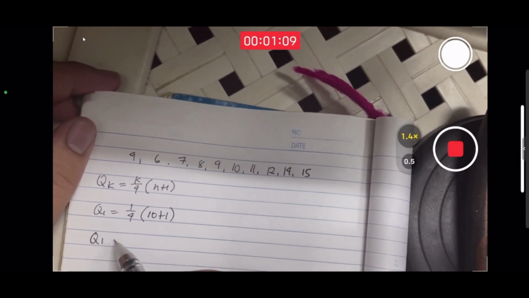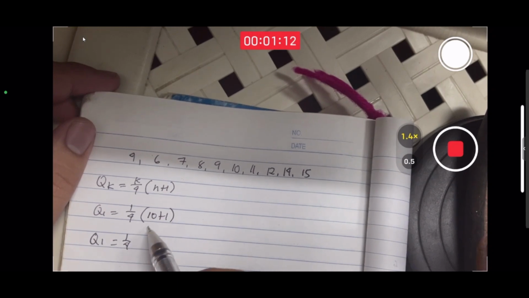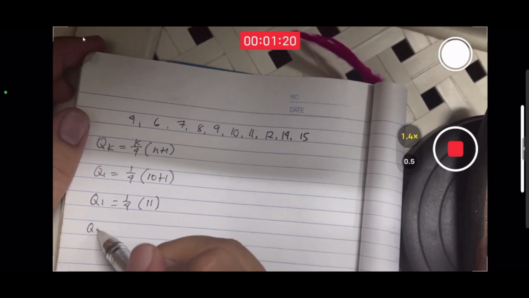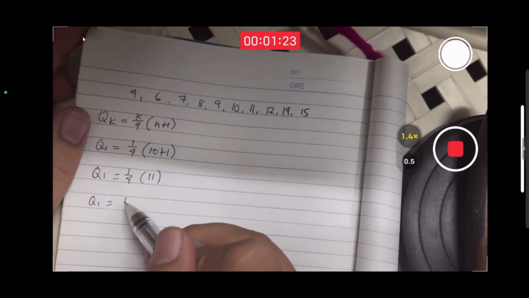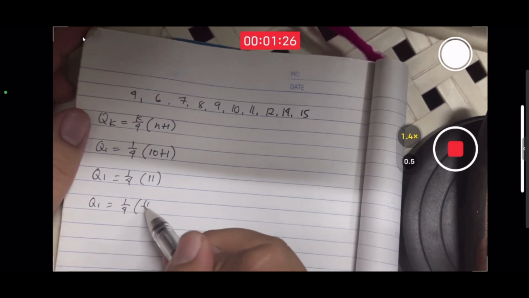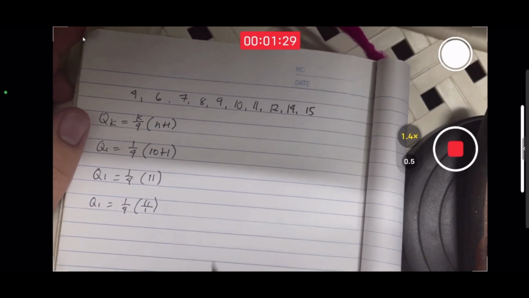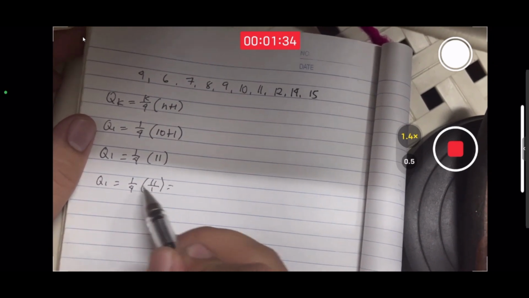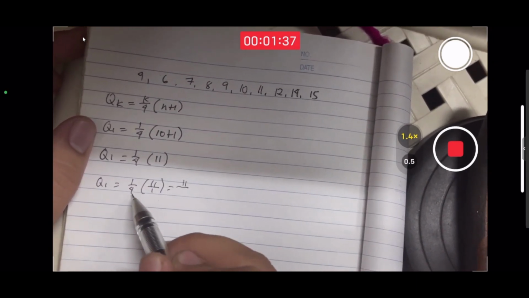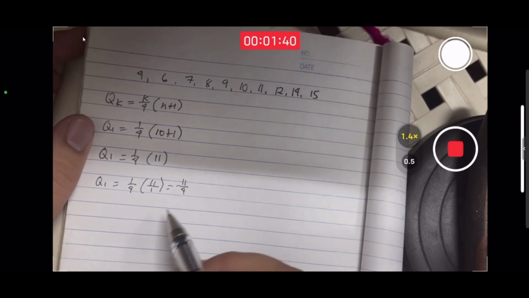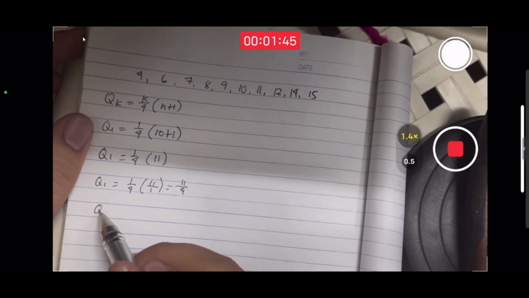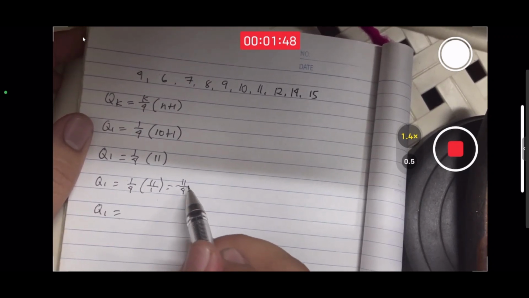So Q1 is equal to 1/4 times 11, which is 11 over 4. Multiply 1 times 11, and 4 times 1. 1 times 11 is equal to 11 over 4 times 1, which is 4. So Q1 is equal to 11 divided by 4.